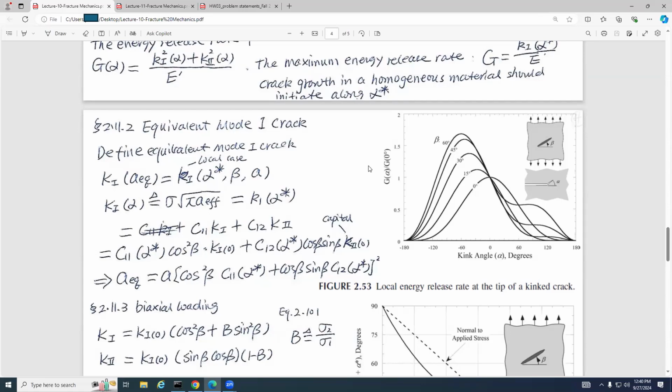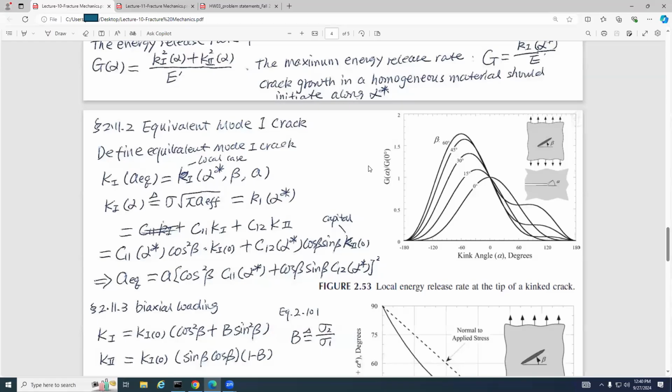So this is K equivalent, a lowercase ki of alpha prime, alpha star, beta, where a is the crack length, beta is the orientation angle, and alpha is the kink angle with respect to the major crack. So Ki alpha is defined as sigma root pi a effective, which equals K1 alpha star. Alpha star is to be determined.